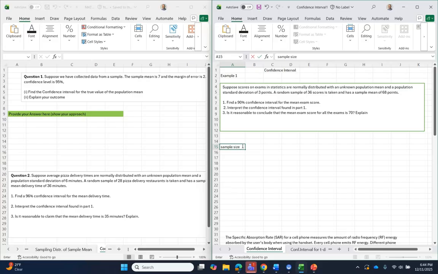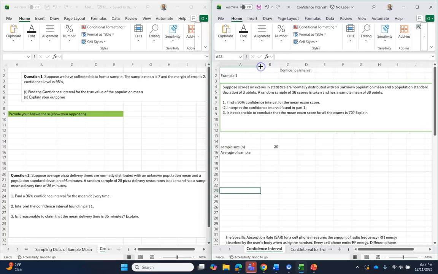The sample size, n, is 36. The average of the sample is 68, and the standard deviation of the population is given as 3 points.